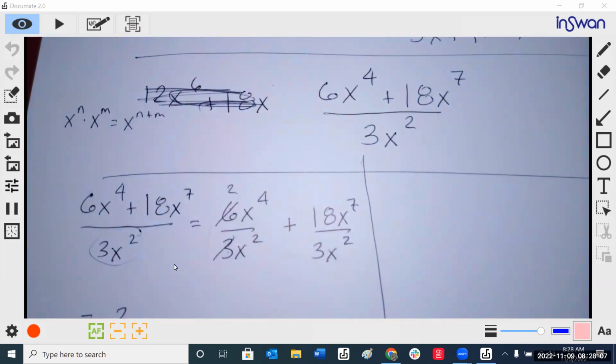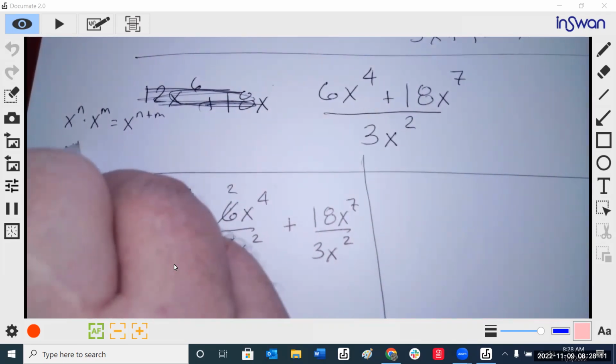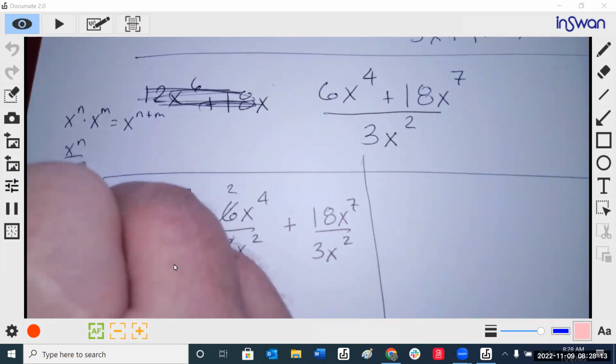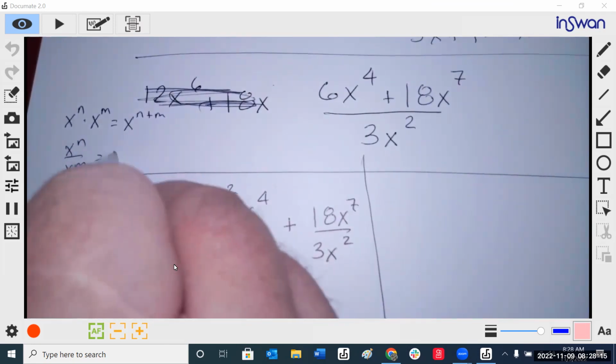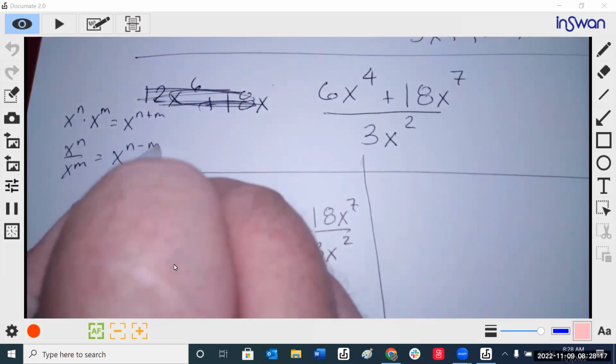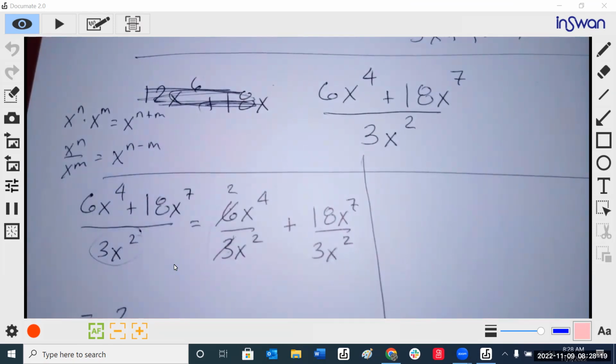Why do you add them? Because when you're multiplying them, you make them bigger. If I'm dividing them, when you divide things, you make them smaller, so you subtract. So here, since there's 4 on top and 2 on the bottom, I can take 4 minus 2.